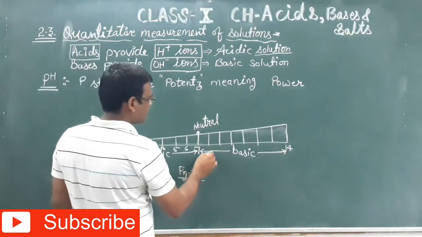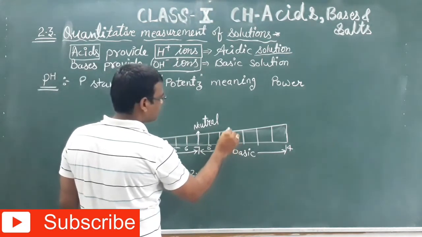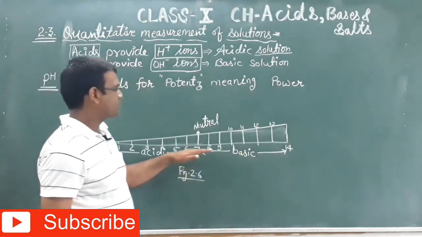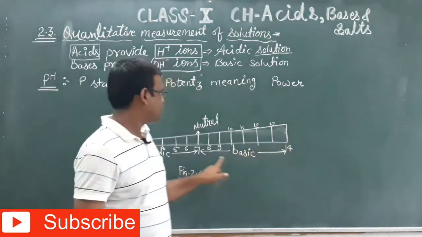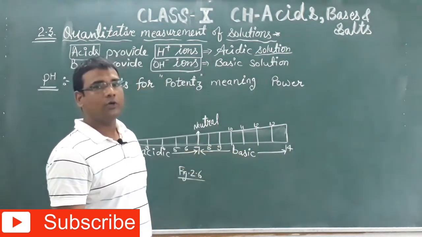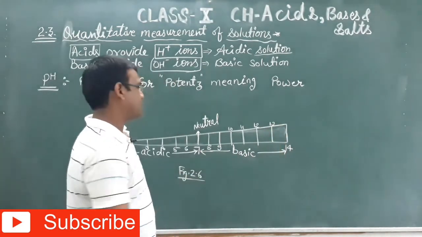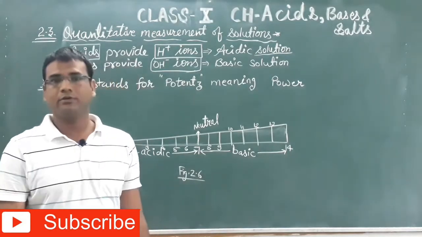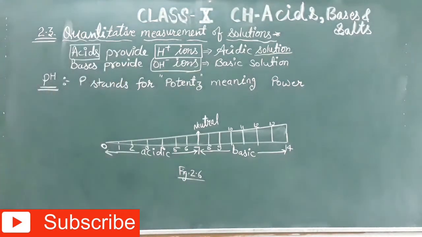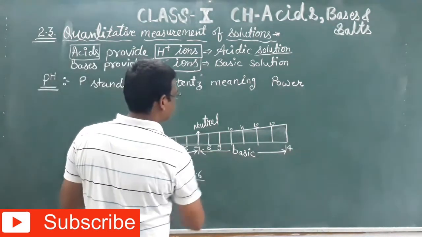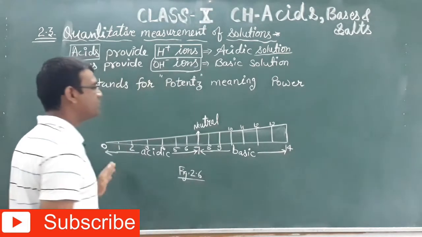So in this diagram, if we move from left to right, pH is increasing, then hydrogen ion concentration is decreasing.